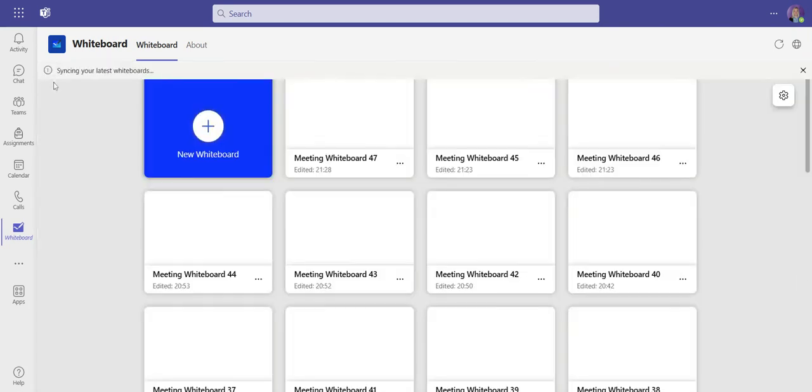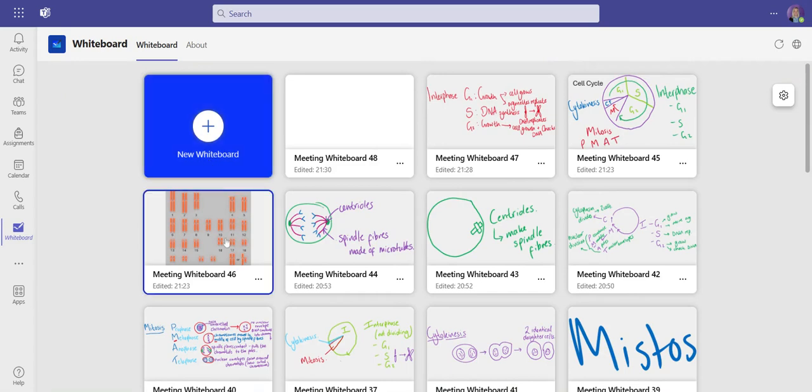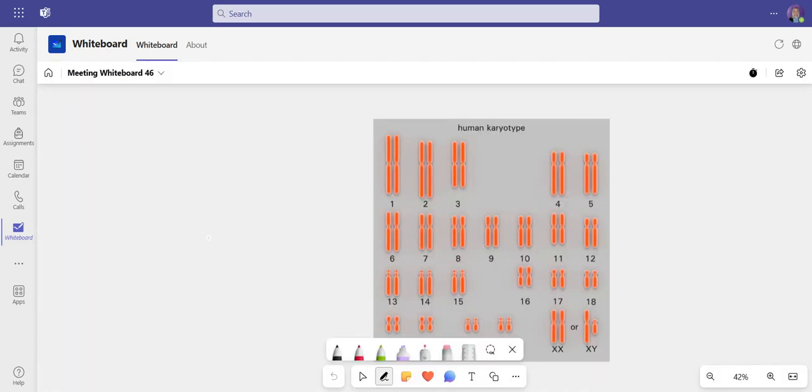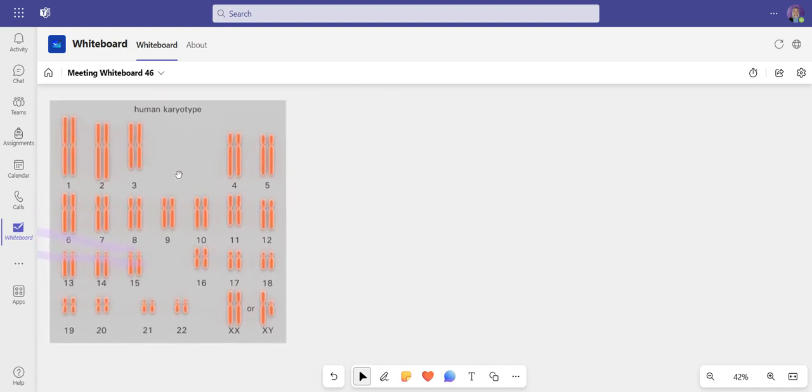Okay. Now, in our cells, how many chromosomes have we got? So all our body cells have got 46 chromosomes. Okay, so all body cells have got 46 chromosomes, which you can see here in pairs.